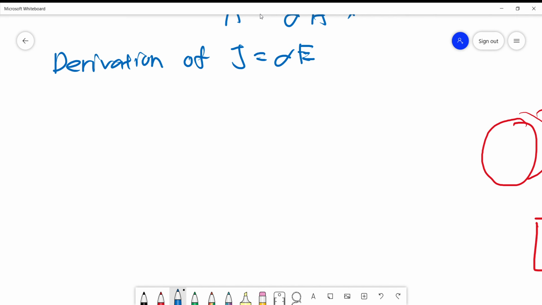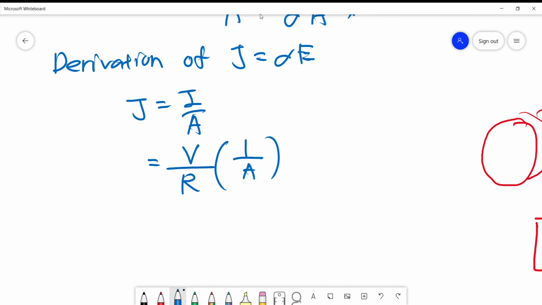Alright, where should I start? Okay, for the basic formula, J is equal to I over A. So I convert I into V over R, times 1 over A. Since Ohm's law tells us that V is directly proportional to I, and V equals IR, so I equals V over R, I substitute this into here.